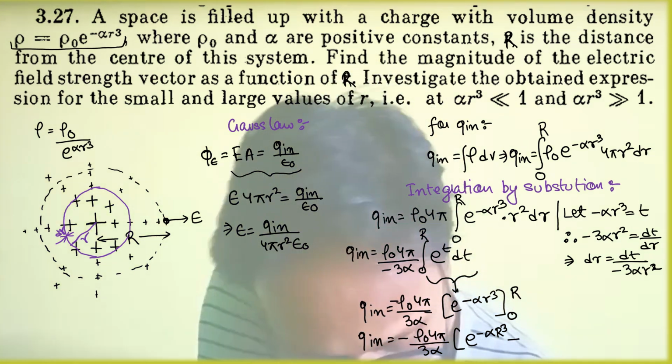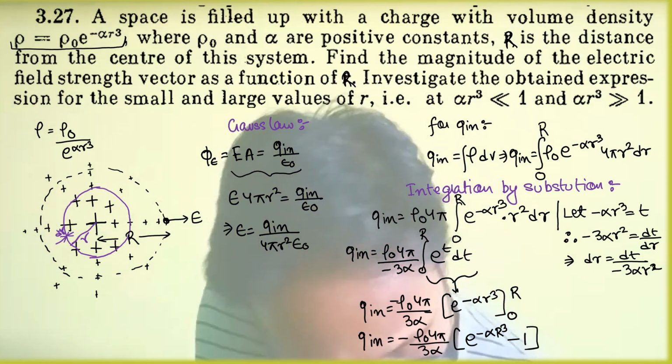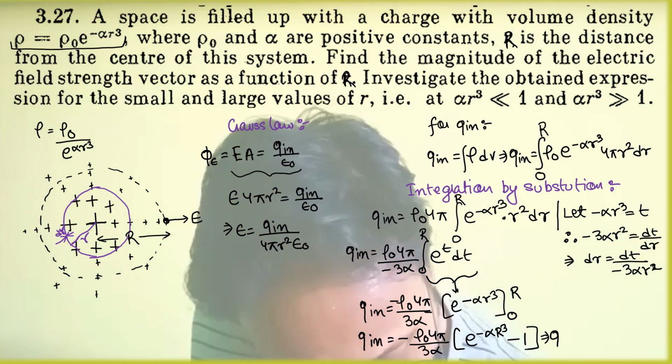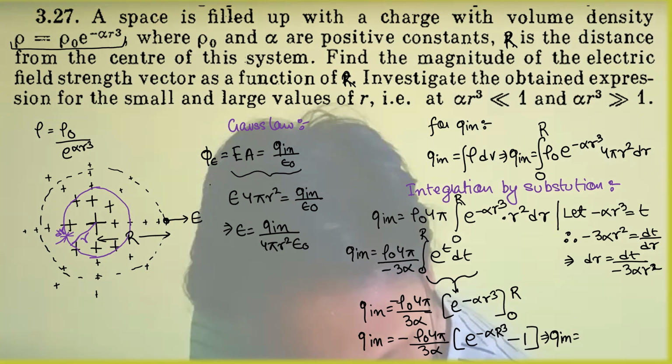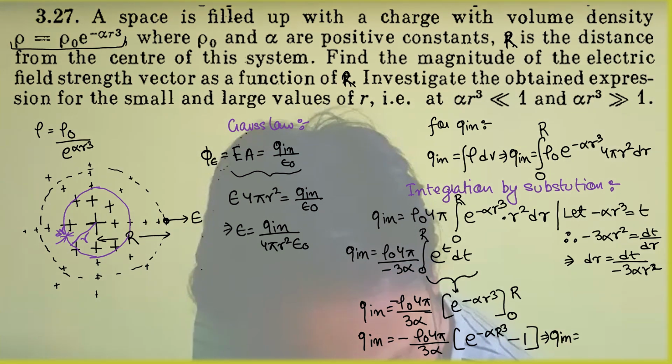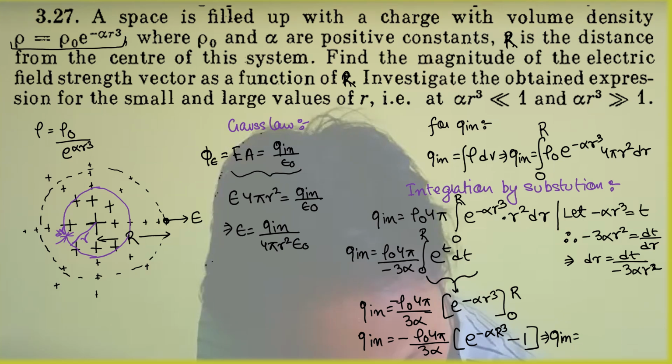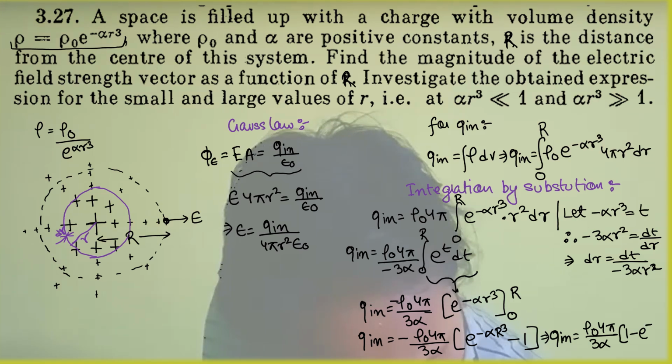So minus 1, fair and fine. Now if I multiply this minus inside the bracket, q inside is equal to rho naught 4 pi by 3 alpha into 1 minus e to the power minus alpha r cube.